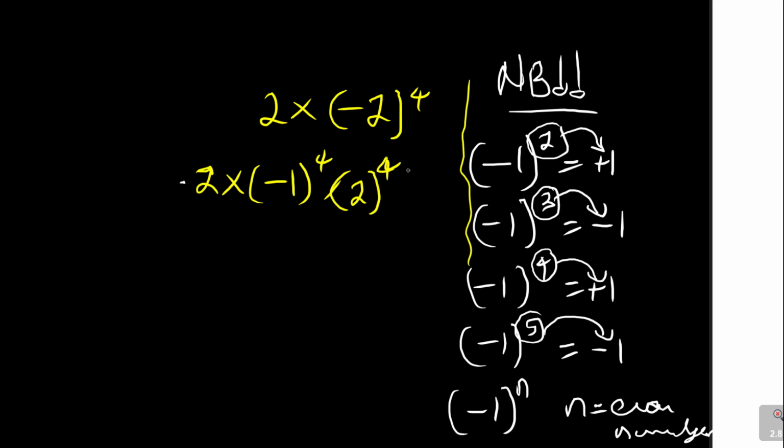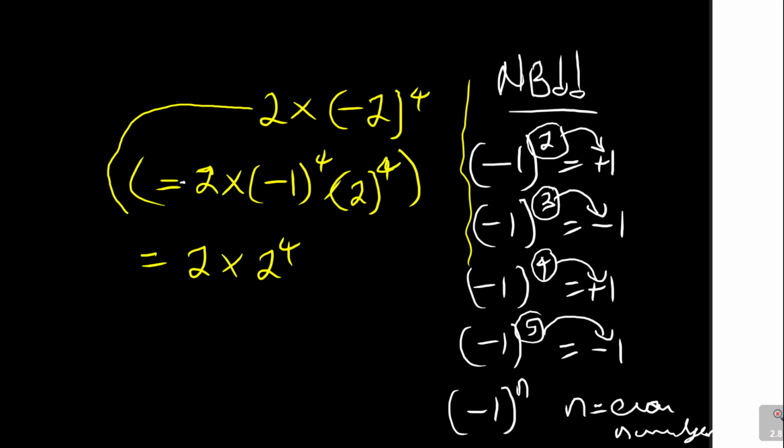That's what it simply means if you don't want to get confused. Alright, so at this stage you could have left it, then it was going to be 2 times 2 to the power 4. So you can actually move from here to here, whereby you show us that you understand that it was 4 and you recognize that 4 is an even number. So if 4 is an even number, this simply becomes 2 to the power 4.